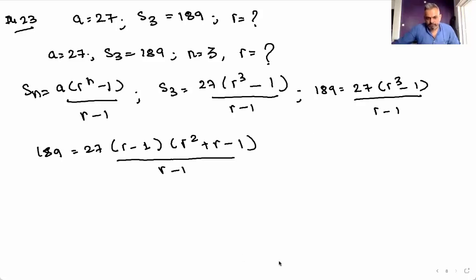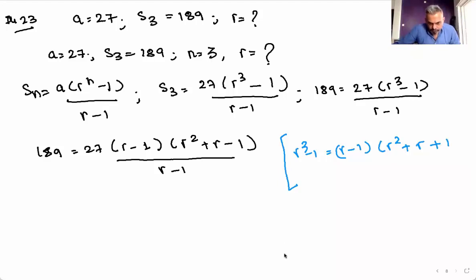Now you write this in the formula page. r cube minus 1 is equal to r minus 1 into r square plus r plus 1.